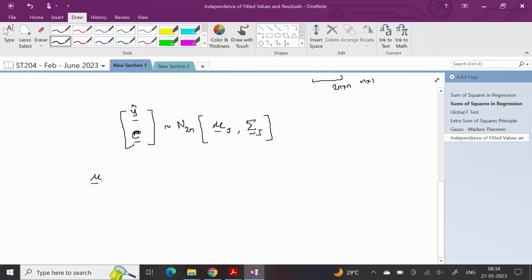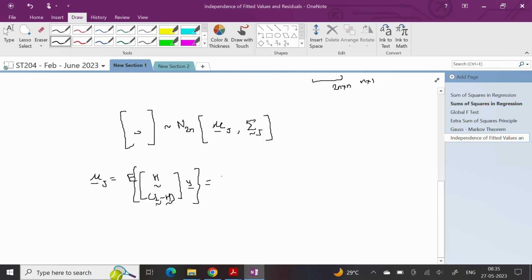What is mu j? Mu j will be the expectation of H, and we have I minus H here, into y. We know that H contains only X terms, and we are considering X as not random.